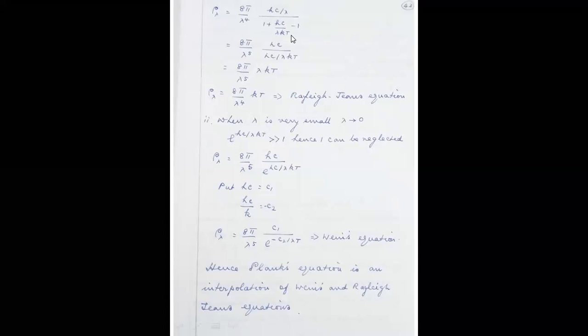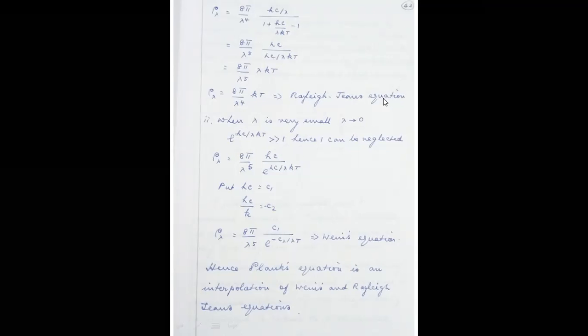So this 1 plus and 1 minus get cancelled. What I'm getting is 8 pi by lambda power 5 into hc by lambda kT. This hc will get cancelled, and lambda kT will go to the numerator. So it becomes 8 pi by lambda power 4 kT.